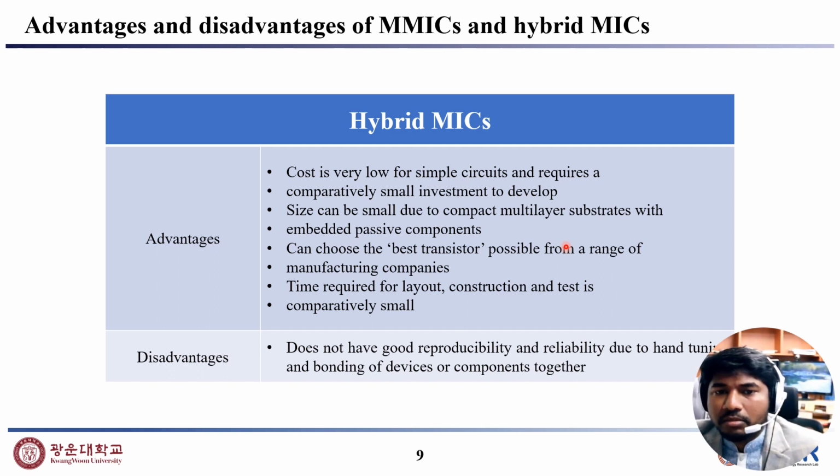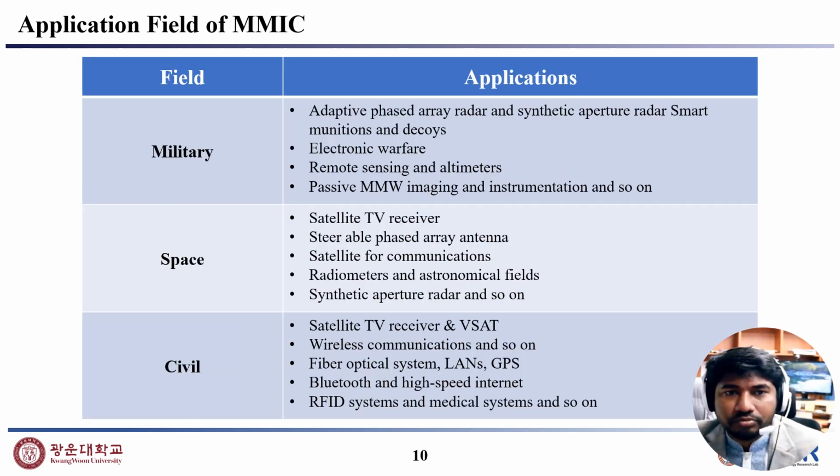For hybrid MIC, the cost is very low for simple circuits and it requires a comparatively small investment to develop. Size can be small with embedded passive components, and one can choose the best transistor. Its most important disadvantage is that it does not have good reproducibility and reliability due to hand tuning and so on.